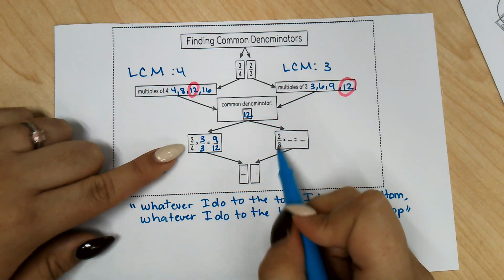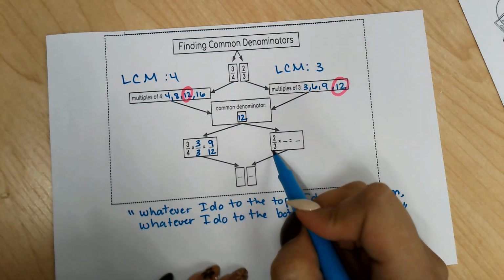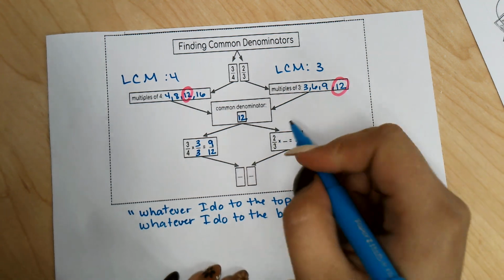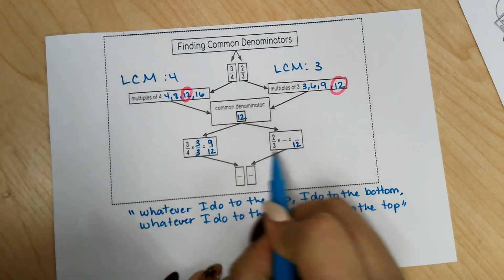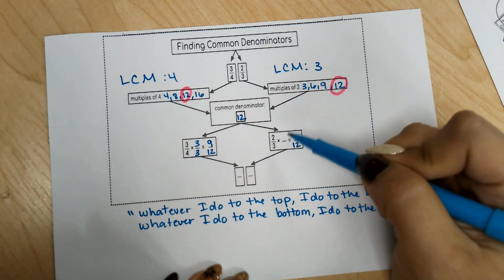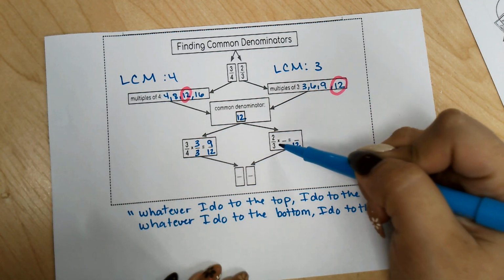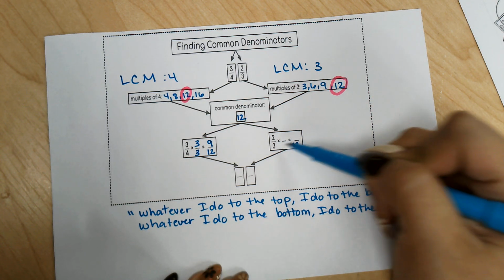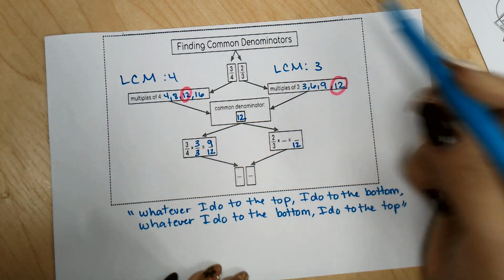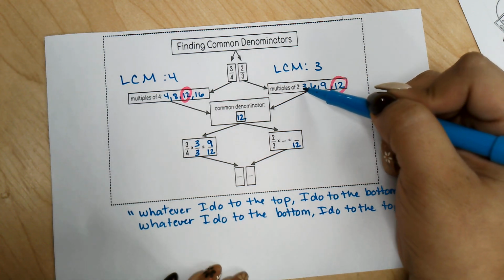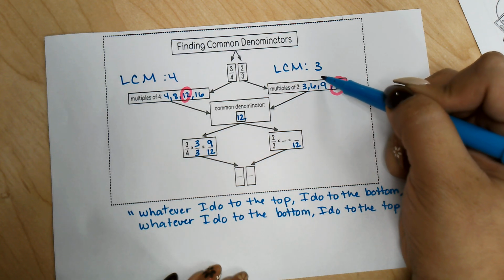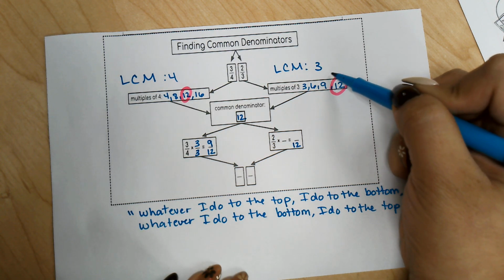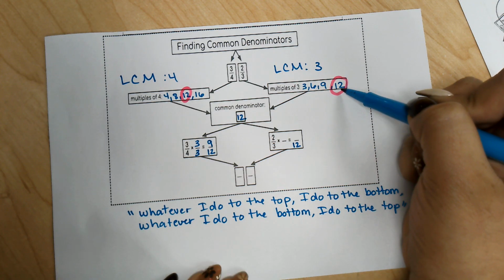Okay, now I'm going to do the same thing over here. Now that I have my multiples of 3 and I know that my new denominator is going to be 12, I'm going to follow the same steps. Looking at how many times I have to multiply 3 to get to 12, I'm going to use my multiples. So I'm thinking again, 3 times 1 is 3, 3 times 2 is 6, 3 times 3 is 9, 3 times 4 is 12.